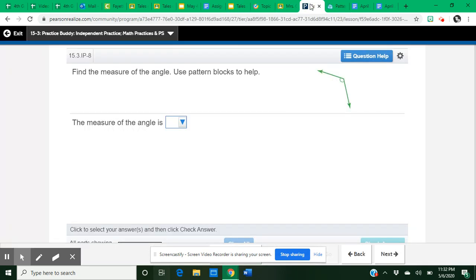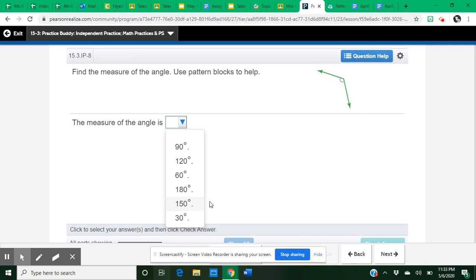So when I go back and I look at this, do you think that that's 120, 180, or 150? Now let's think about what we know about a straight line. How many degrees is a straight line? Yes, thinking back, it's 180. So we know it's not 180. So that narrows it down to 120 or 150.